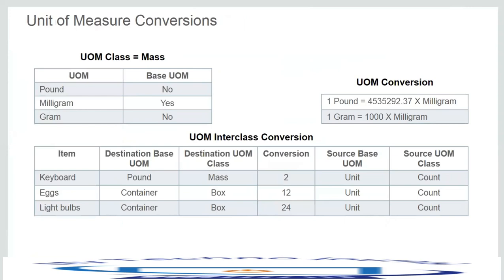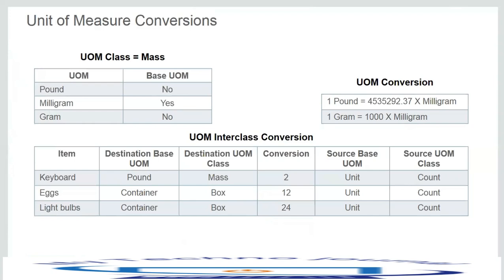So this slide depicts the three UOM tables, that is UOM class, UOM interclass conversion, and UOM conversion. Unit of measure conversion is a mathematical relationship between two different units of measure.